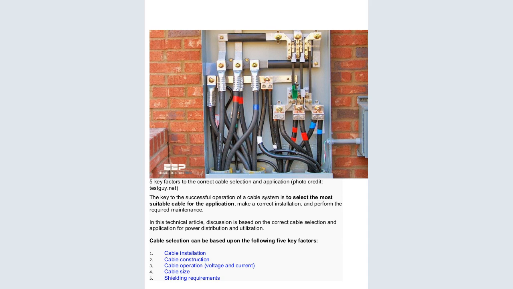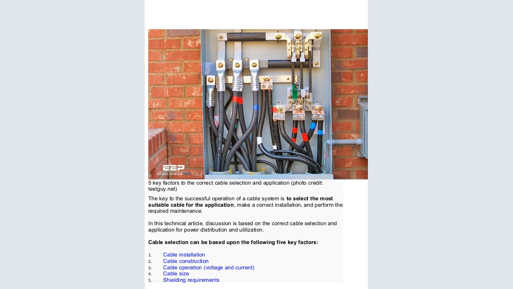There are key factors that we are going to take: the cable insulation, the cable construction, the cable voltage operation, the cable sizing, and the shield operation. The key to the successful operation of the cable system is to select the most suitable cable for the application, to make the correct installation and perform the required maintenance.